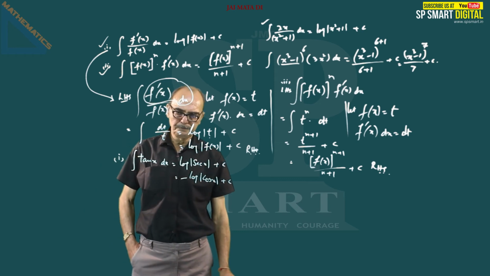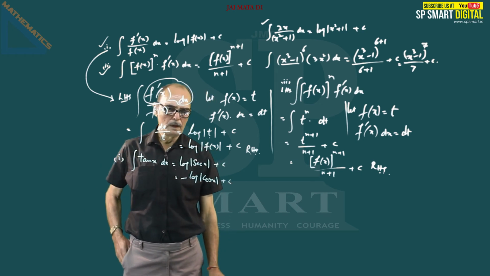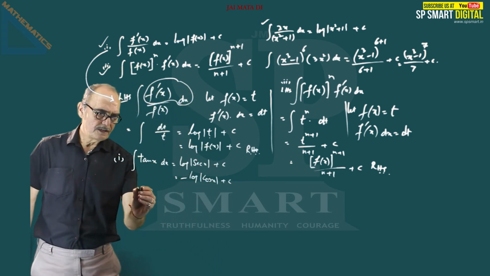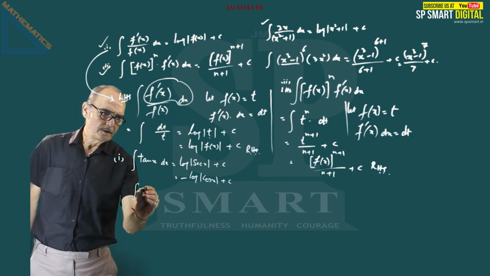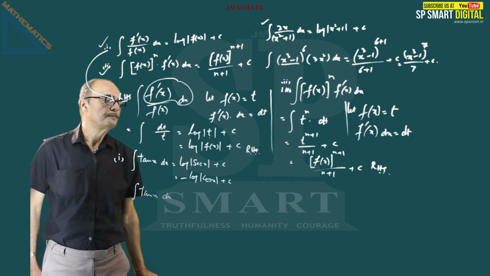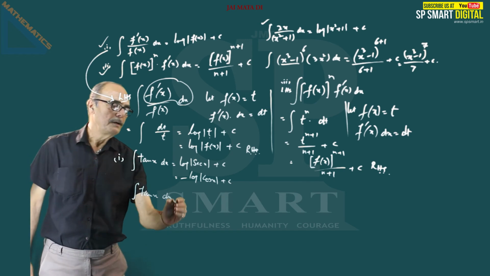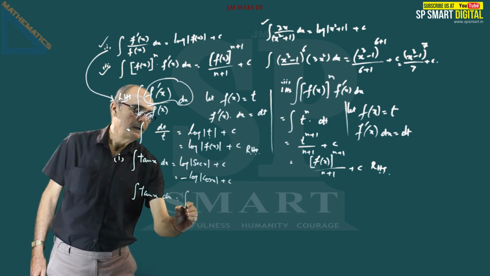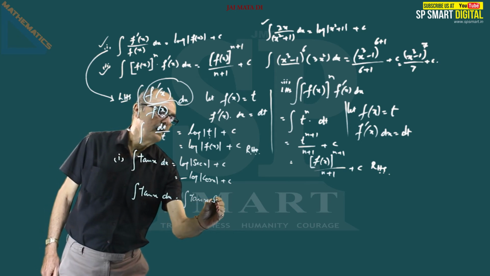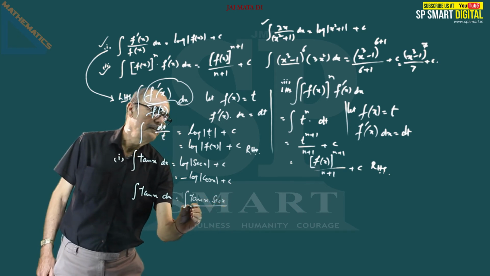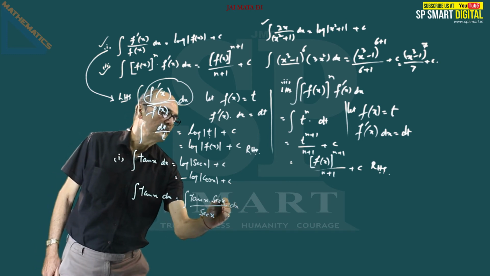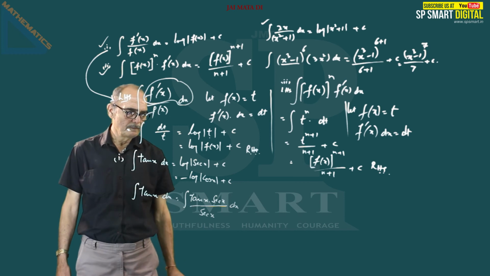Now, in this case, we take the left hand side, tan of x dx, multiplied by secant of x and divided by secant of x, dx.